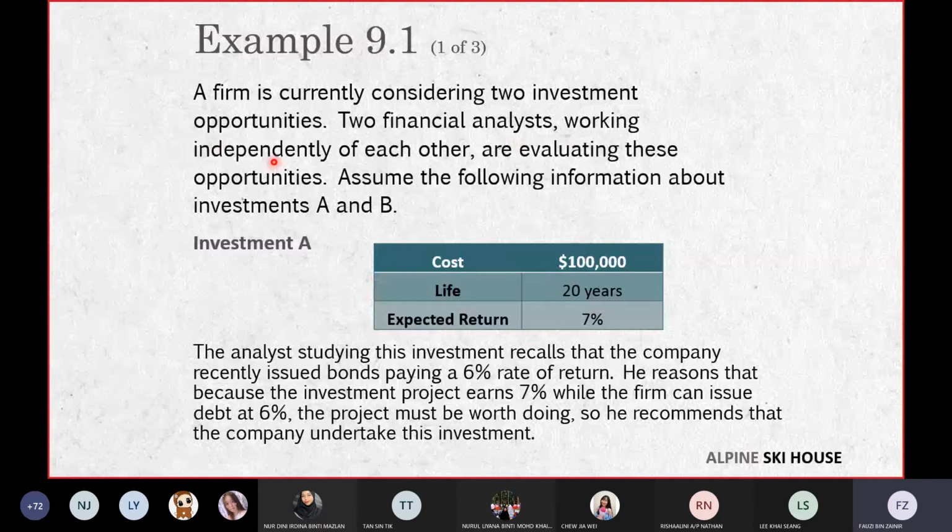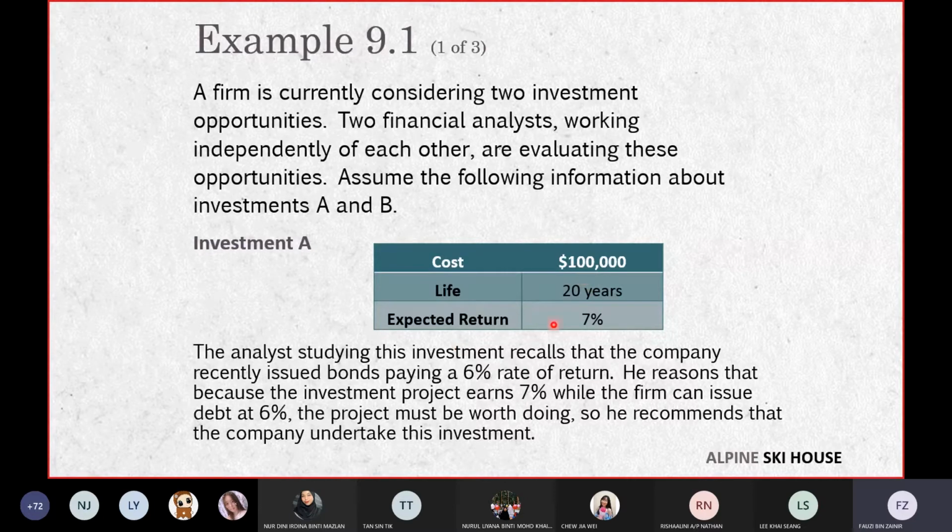Two financial analysts, working independently of each other, are evaluating these opportunities, assuming the following information about investments A and B. So the firm is thinking of investing in A or investment B. For investment A, the cost of investing is 100,000, the lifespan of the investment is 20 years, and the expected return is 7%.